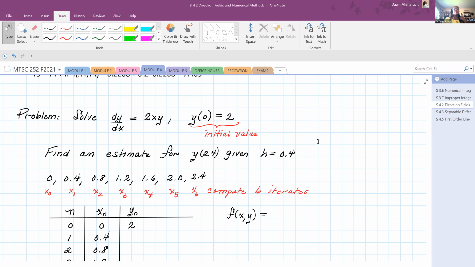Who honestly has no clue? Duanye, you said you don't have a clue? Okay. If the problem we're solving is dy/dx equals f of x, y, this is what all the problems look like. And I tell you that dy/dx is equal to 2xy.